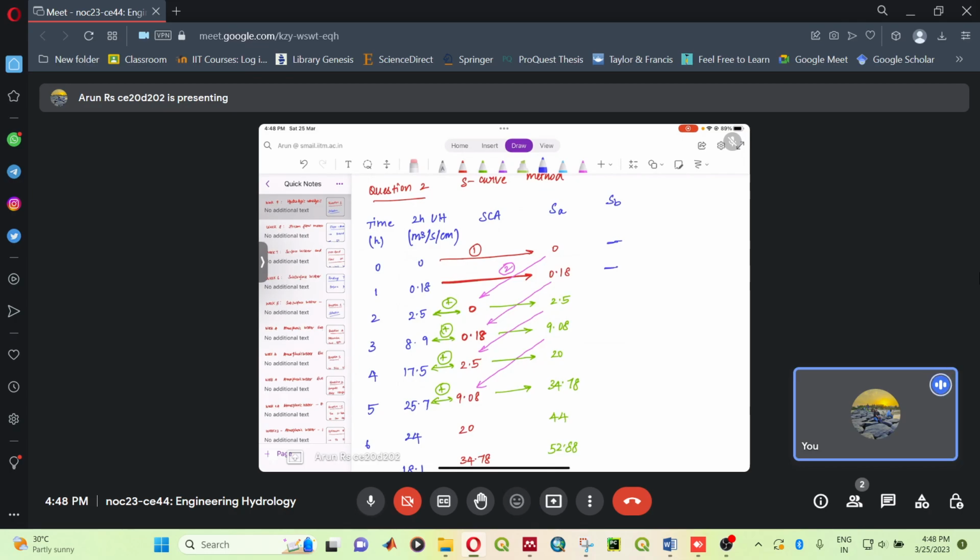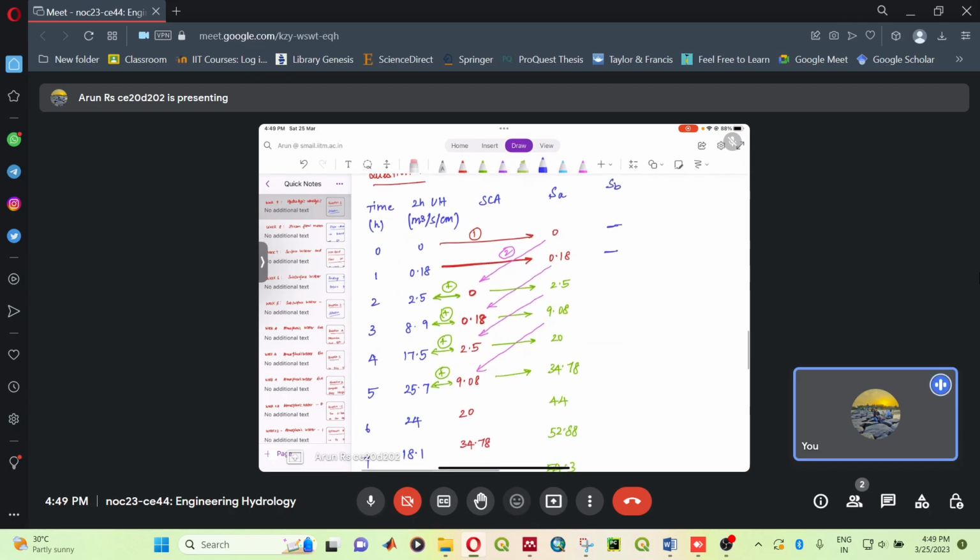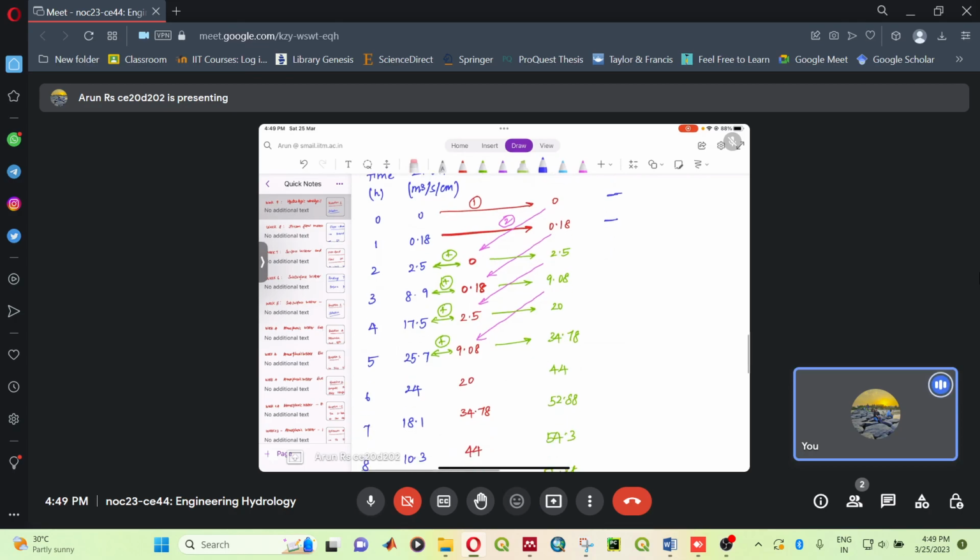Since here we need to find out the 3 hour unit hydrograph, we need to lag this SA by 3 hours.